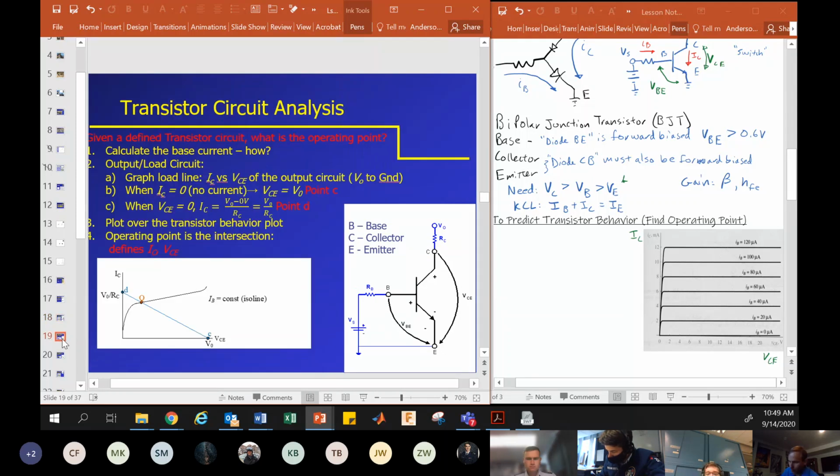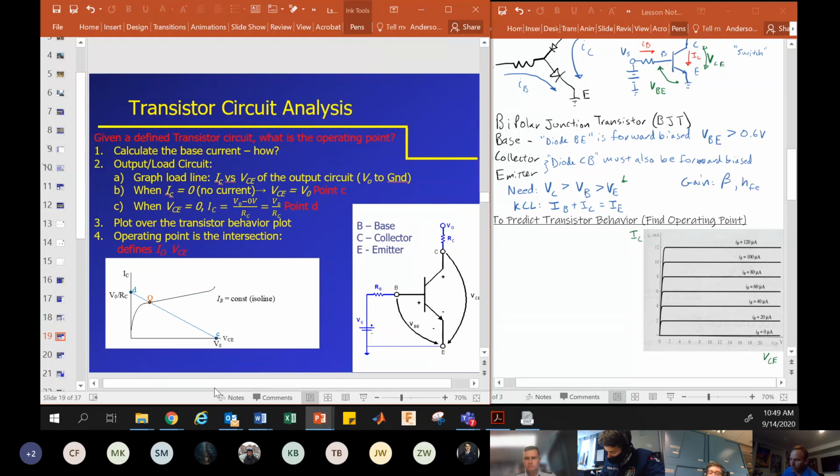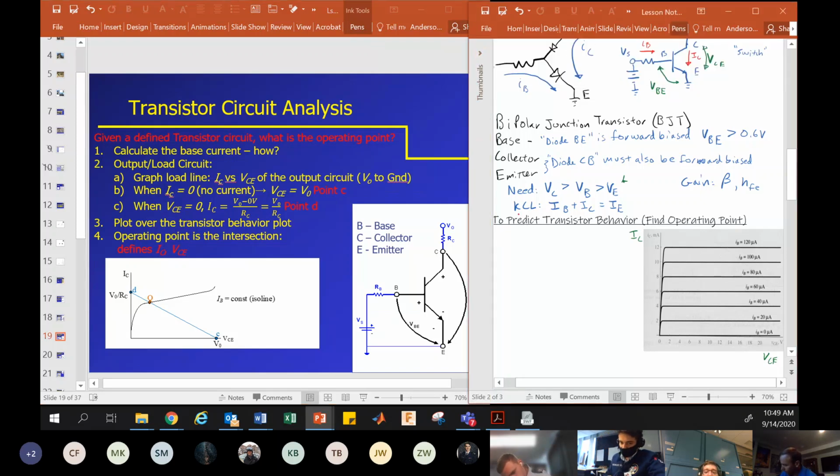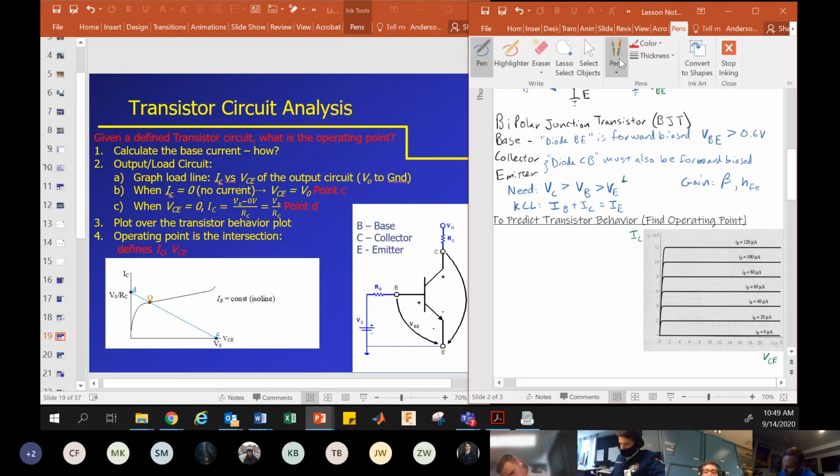Next slide. Okay, so the first analysis problem we're going to do is how to predict transistor behavior. So we want to find the operating point of the transistor.